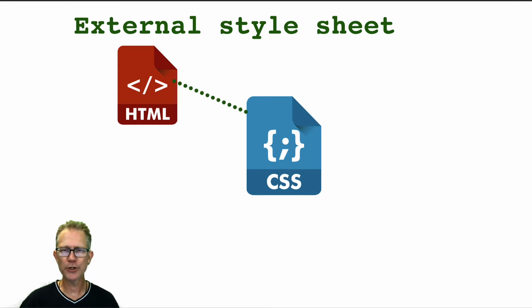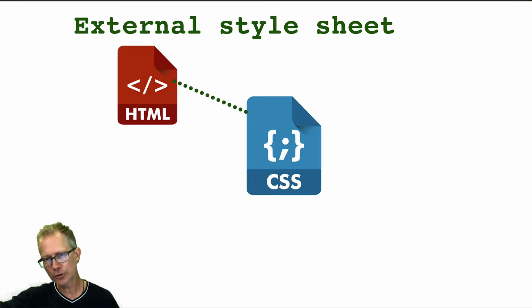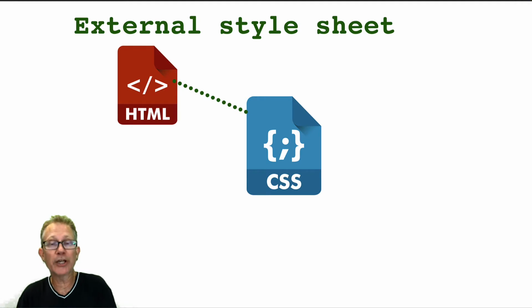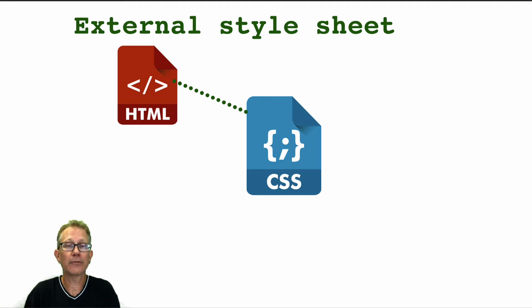And your web page would just have a pointer in the HTML that points to the location of this external document, this external style sheet. And that external style sheet would contain all the rules governing the appearance of the HTML in the web page.